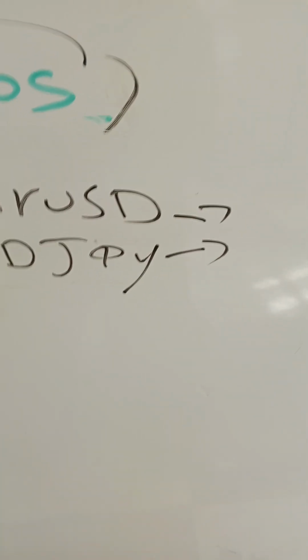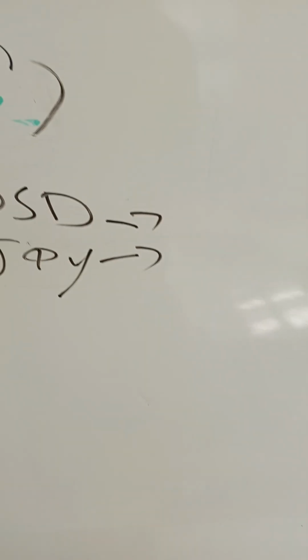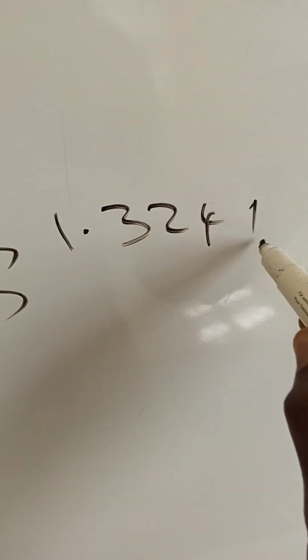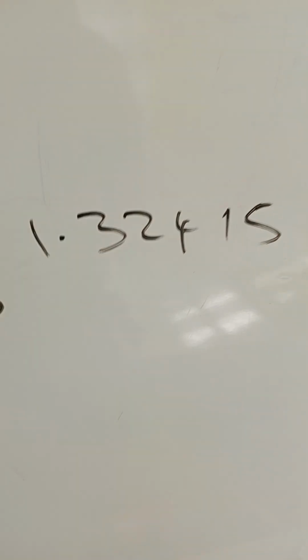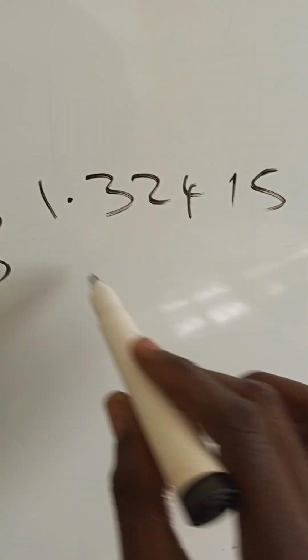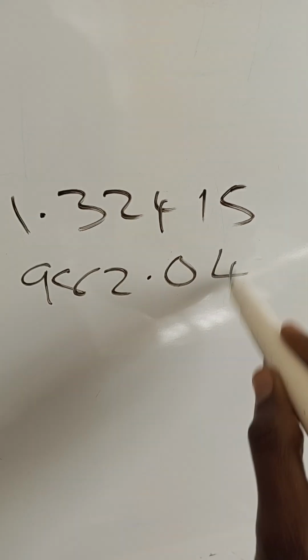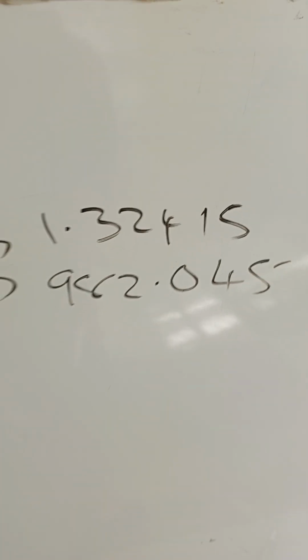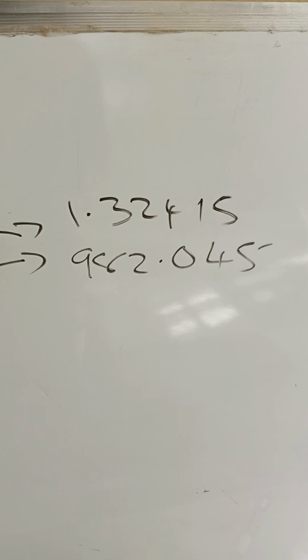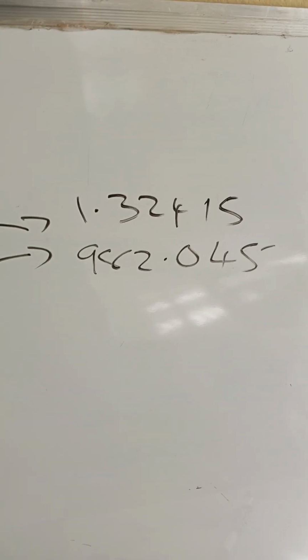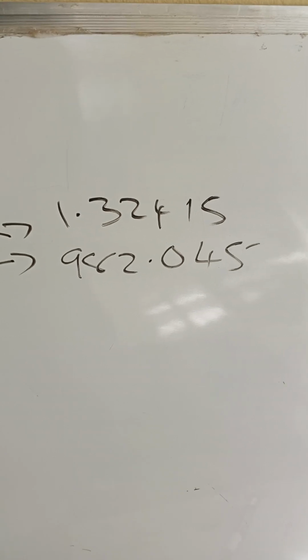Now I'm going to put a sample of a quote. So let's say the price range for Euro USD is 1.32415, and for this one, let's say we put 98.245. Okay, so how do you calculate what's a pip on these currency pairs?